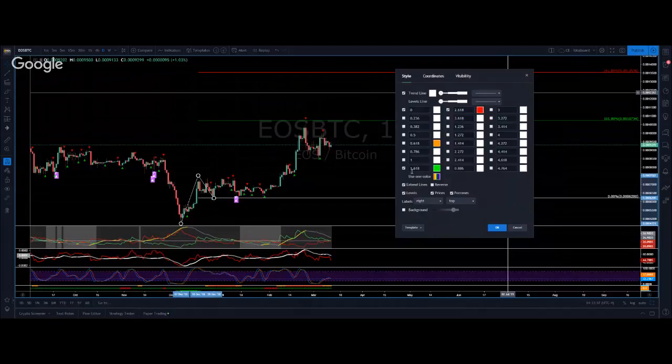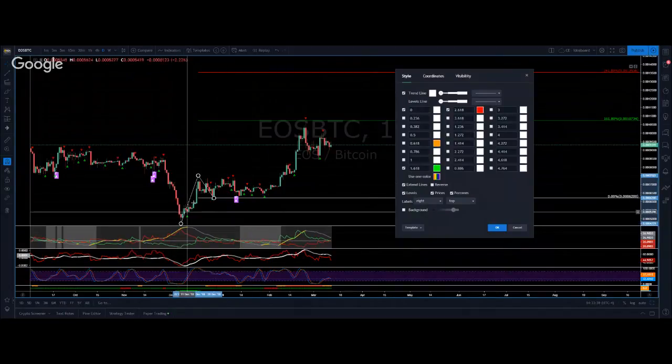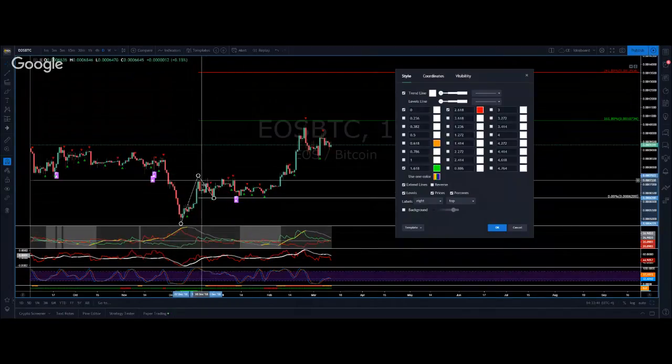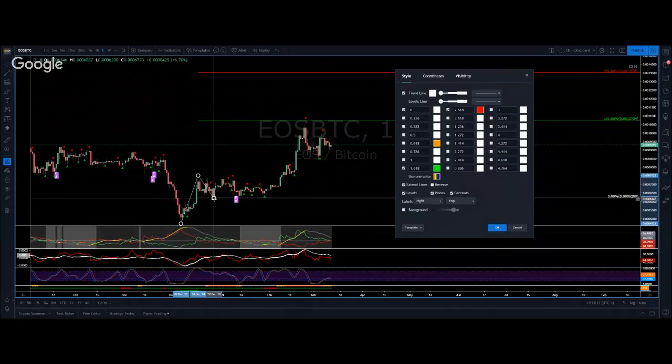So basically, when I start wave 3, I'm expecting it to be 161.8% the height of wave 1. And I'm expecting from this point here, wave 5 to end at 261.8% the length of wave 1.